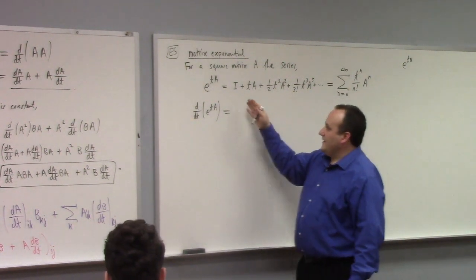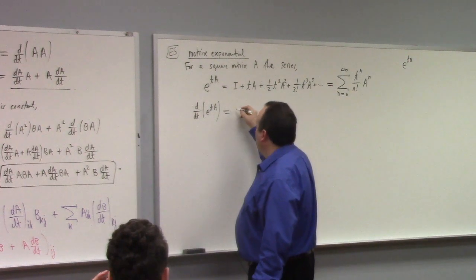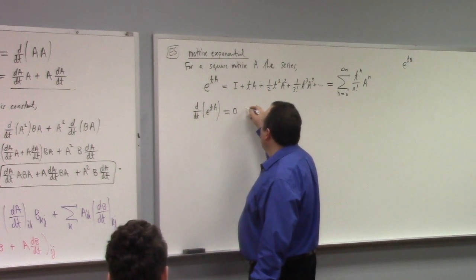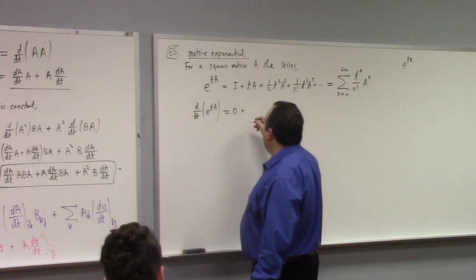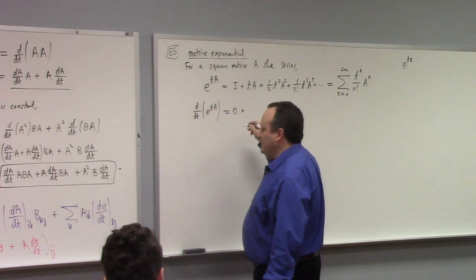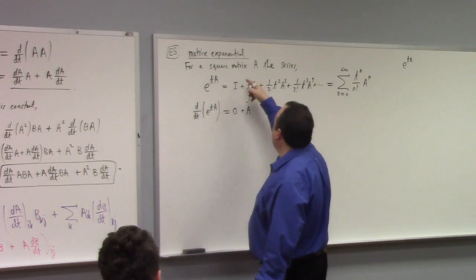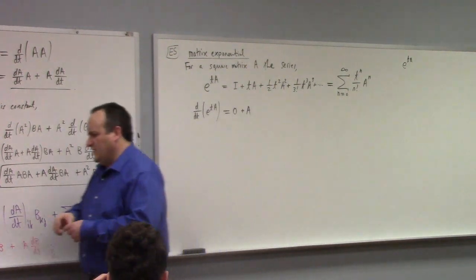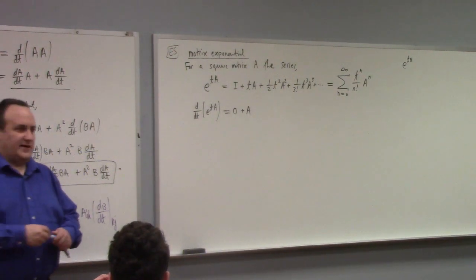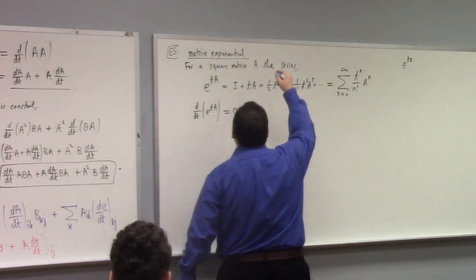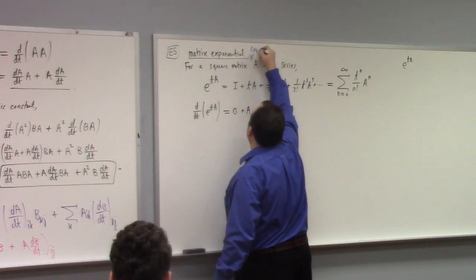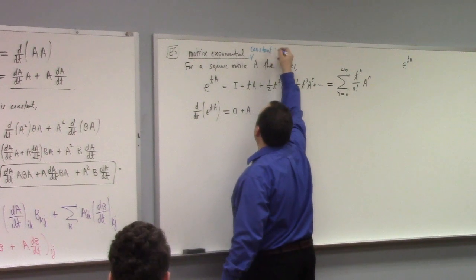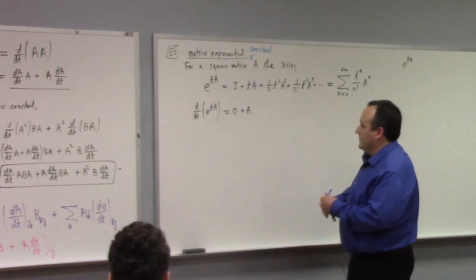So what's the derivative of I? 0. What's the derivative of tA? Just A, right? Here A is a square matrix. I should really emphasize here that A is what kind of matrix? This is kind of important. Sorry, I kind of buried the lead here. Square, constant. Sorry to use this hideous Carolina blue, but I guess it served its purpose.